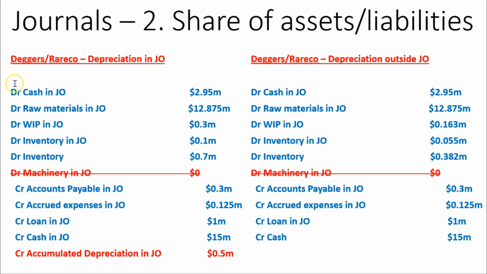Why? Because our balance sheet shows the entire assets and liabilities of the joint operation. So if we divide the number on that balance sheet by 2, that gives us our 50% share for the individual entities. Okay, so for example, I've recorded cash of $2.95 million here.